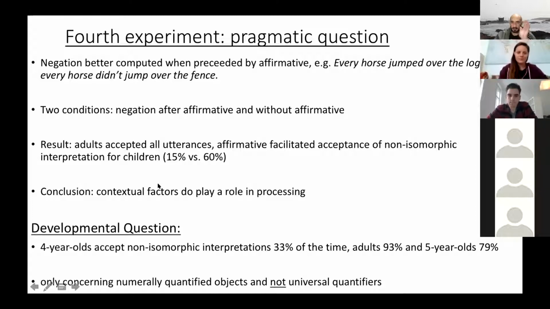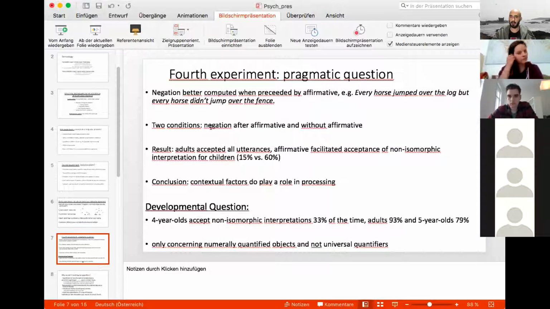Great. So just let me clarify one thing. The context where they did this experiment was exactly the same context as the original experiment, right? You remember the picture where 2 horses managed to jump over the fence, but one didn't manage, right? Yeah. And then in the original experiment, the children would always say true, right?